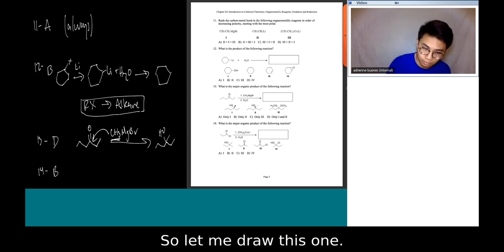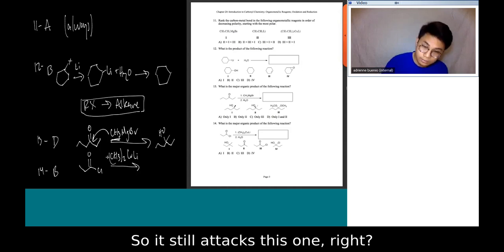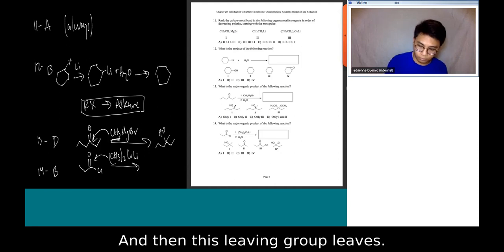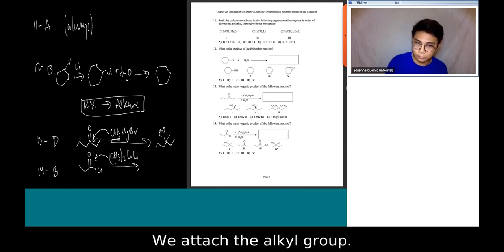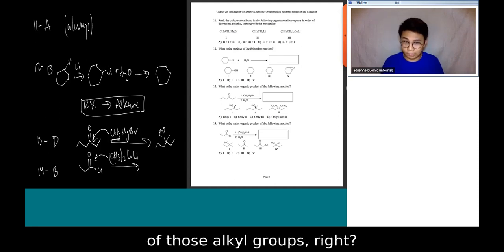So let me draw this one, (CH3)2Cu. Right. So it still attacks this one, right? And then this leaving group leaves, we attach the alkyl group. But since it's weak, we just attach one of those alkyl groups, right?